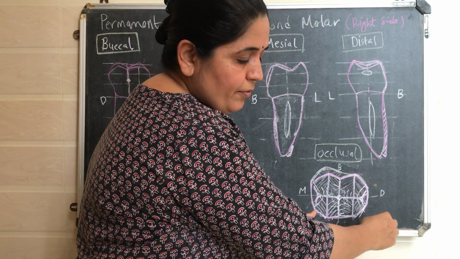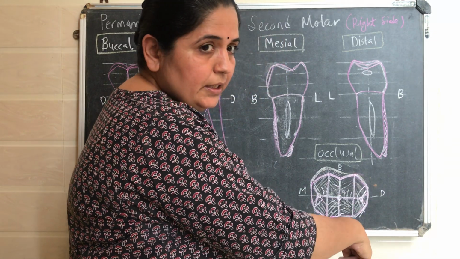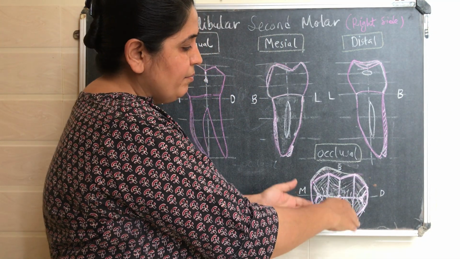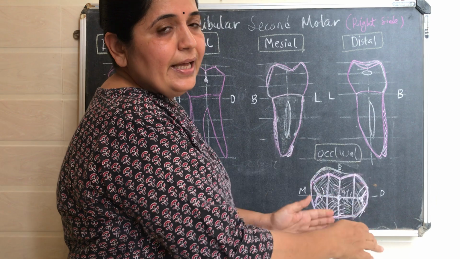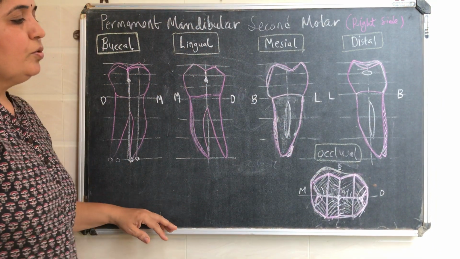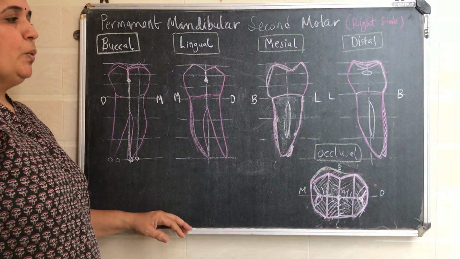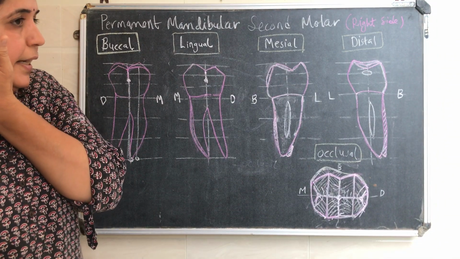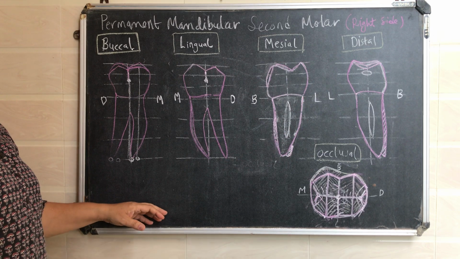Mesial and distal surfaces are inclined towards the lingual side, but their inclination is less as compared to the first molar. Right? So these are the differences between the first molar and the second molar.